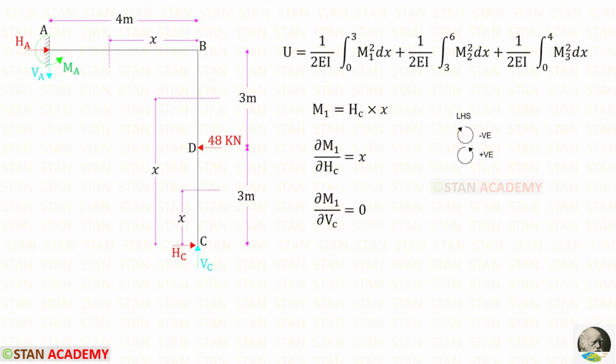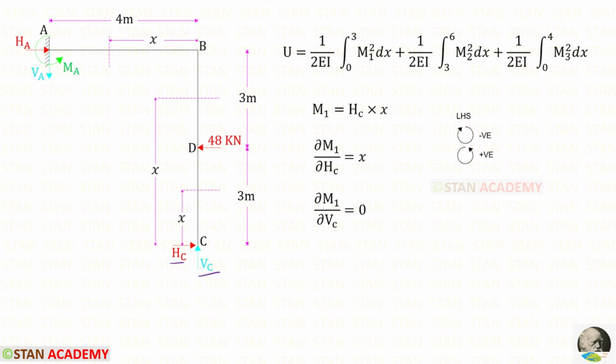Let us find the moment M1. Up to this section we have HC and VC. For VC there is no perpendicular distance, so we should not consider this. HC is acting in the anti-clockwise direction, so that it will be positive and the distance is x. So HC into x. HC and VC are the redundants.